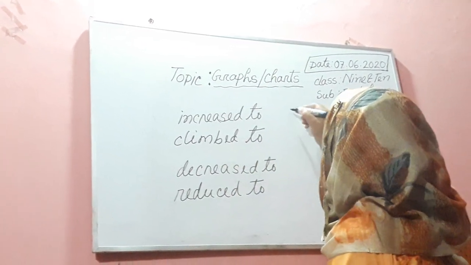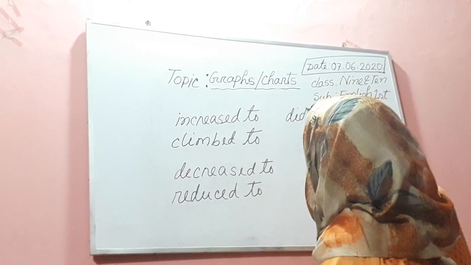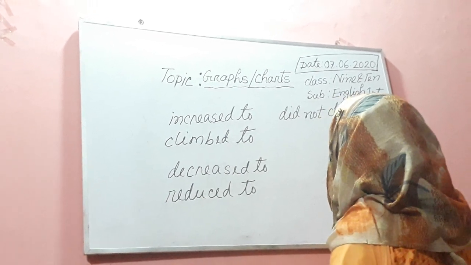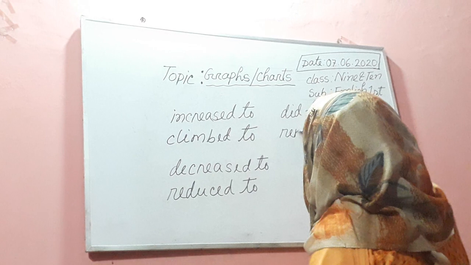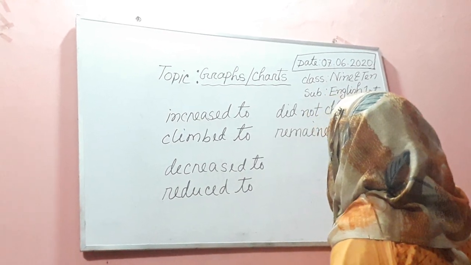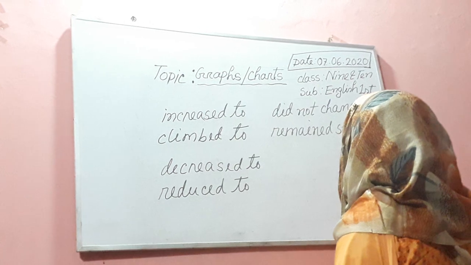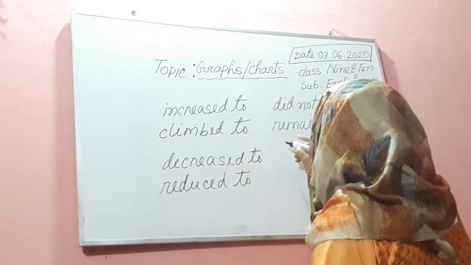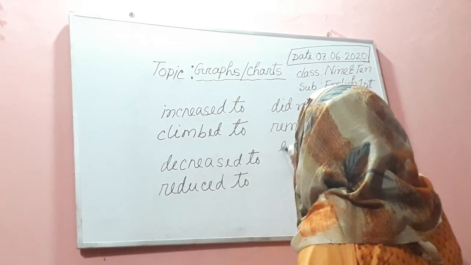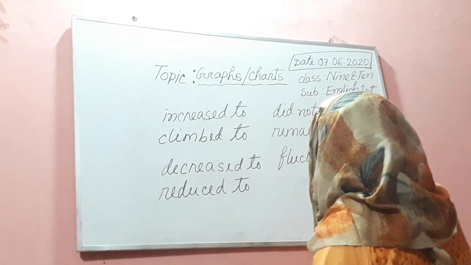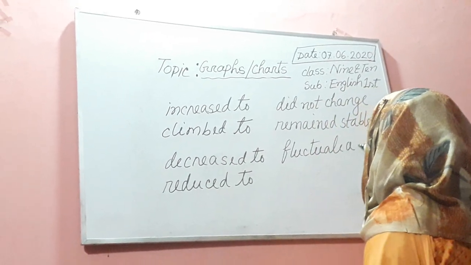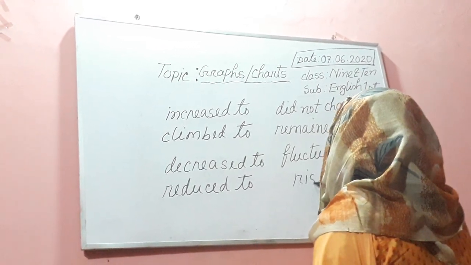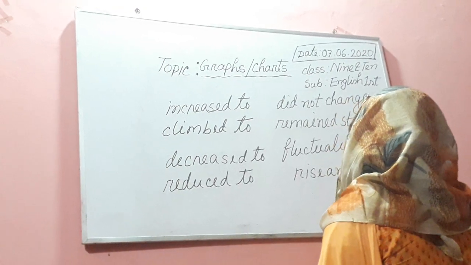For unchangeable chart, you can use the words did not change, remained stable at. For fluctuated chart, you can use the words fluctuate, around, rise and fall.